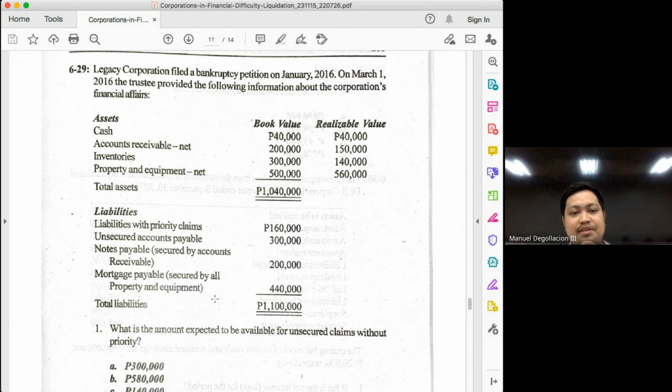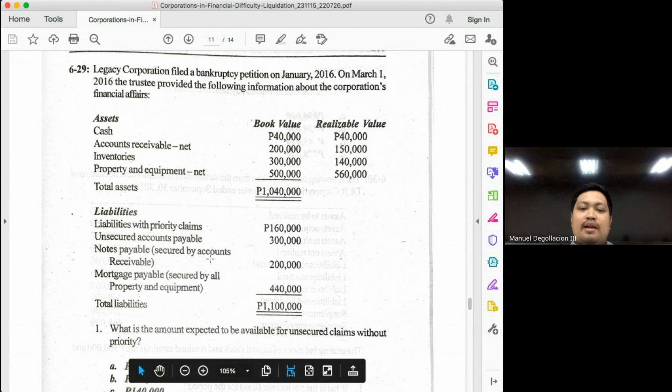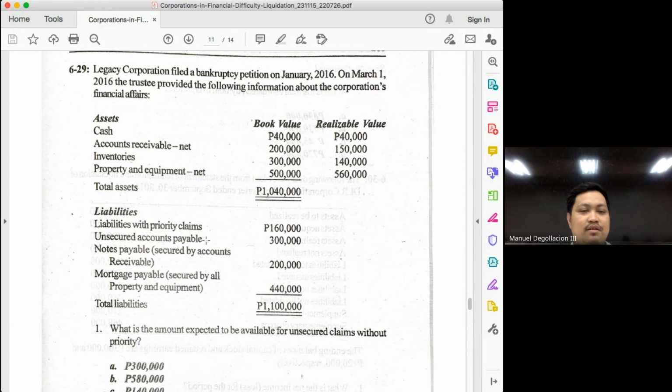How much is the value of the security? Less than 200. So this is partially secured. Mortgage payable is 440 and the value of the security is 560. So this is fully secured. And how much is the excess? 120. Okay, the 120 is just the difference between 560 and 440.